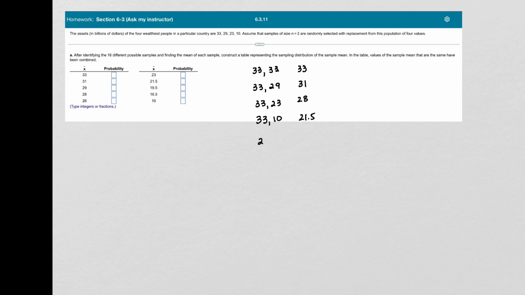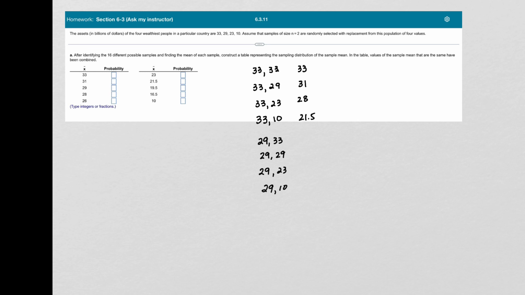And now I'm going to start with 29 and 33, then 29 and 29, 29 and 23, and 29 and 10. So even though they gave me the sample means, what I have to do is look at how many samples there are altogether.